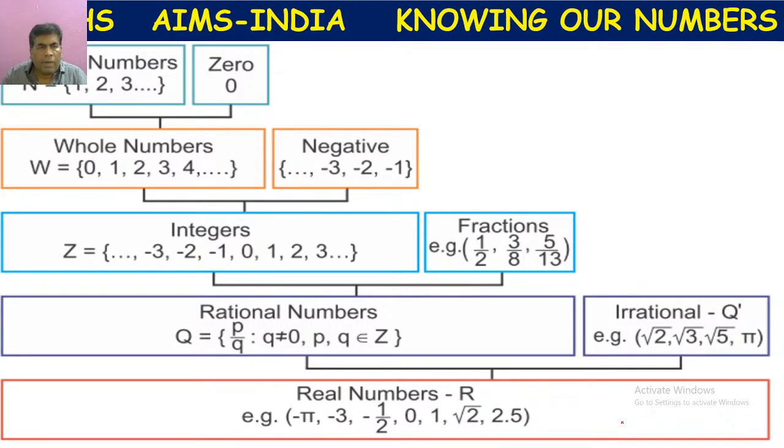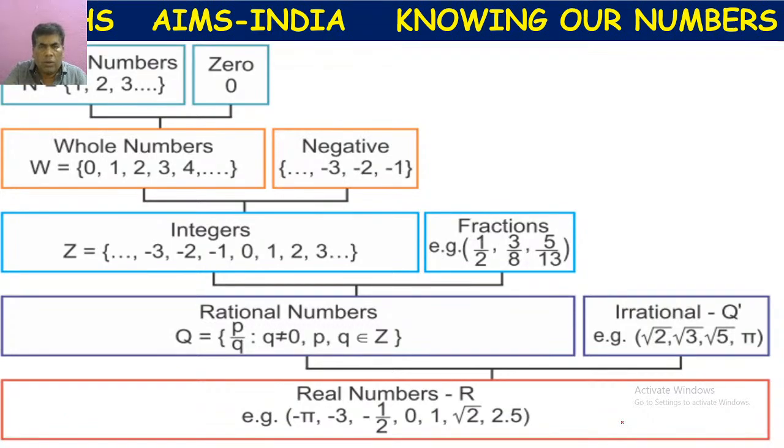Whenever we want to count the number of objects given to us, the counting numbers start from 1. For example, while taking attendance, how many students are present today, what will the teacher do?